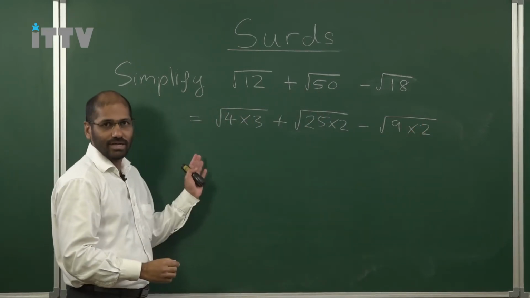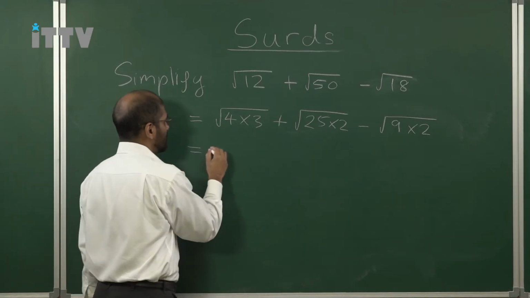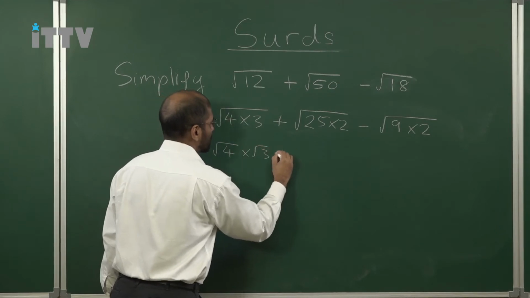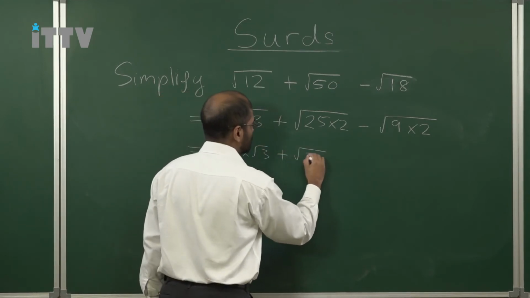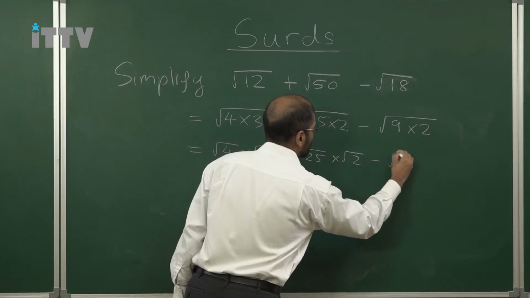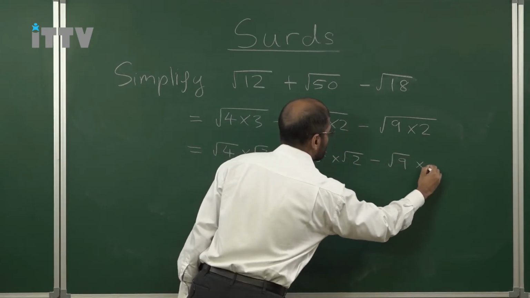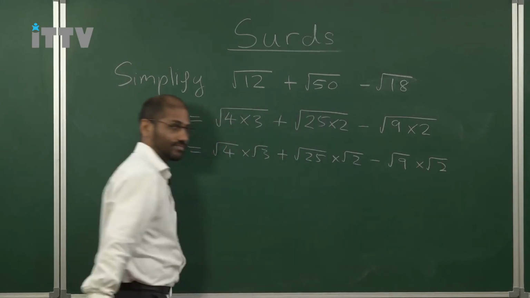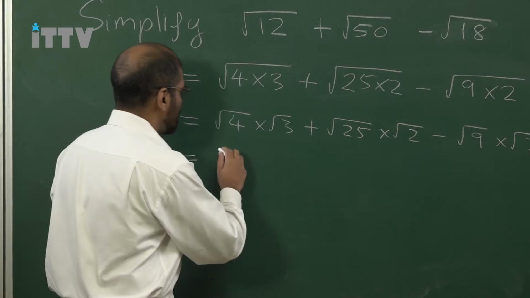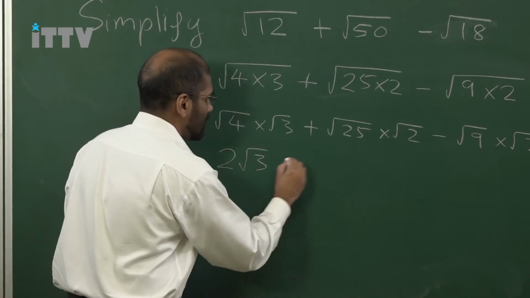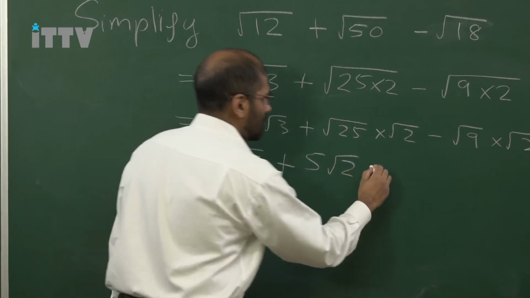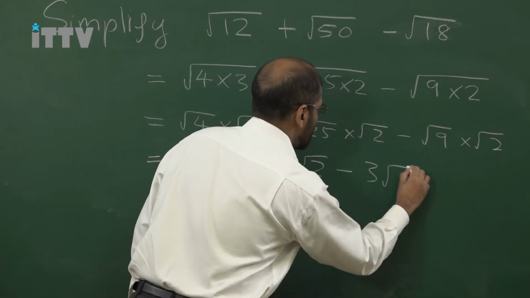As in the previous example, we're going to split it further. Surd 4 times surd 3 plus surd 25 times surd 2 minus surd 9 times surd 2. And this can be simplified as 2 surd 3 plus 5 surd 2 minus 3 surd 2.